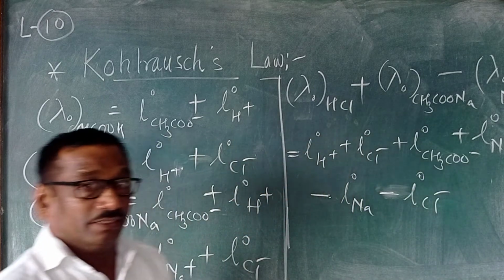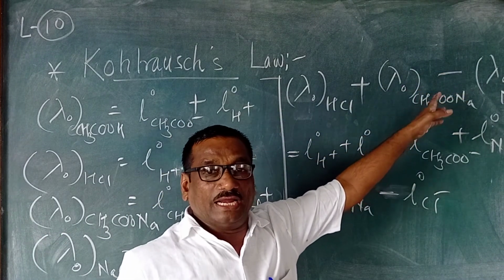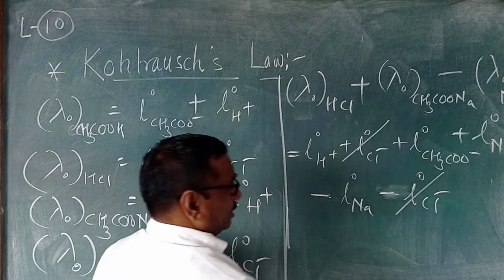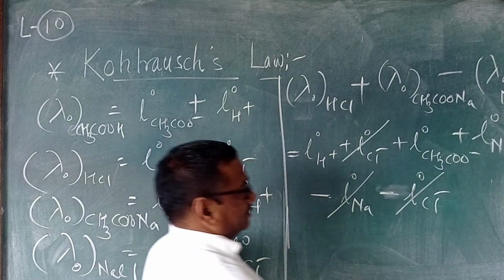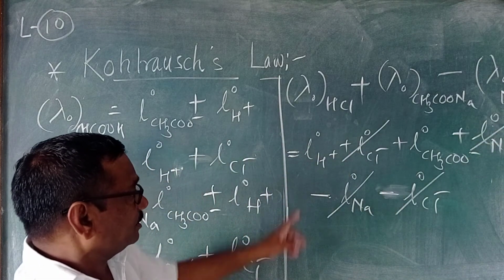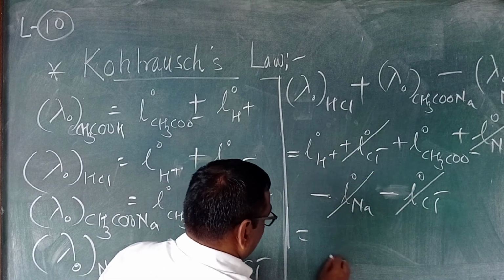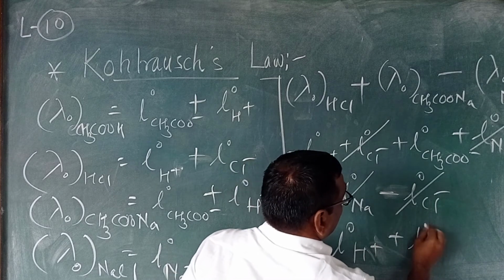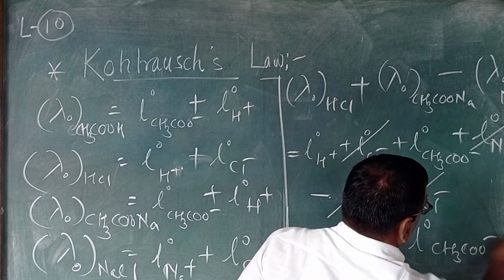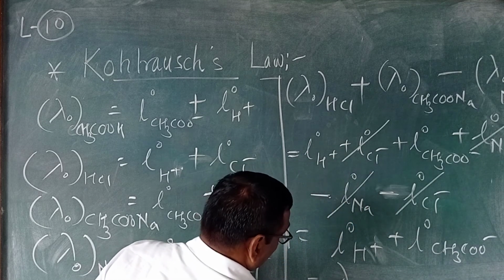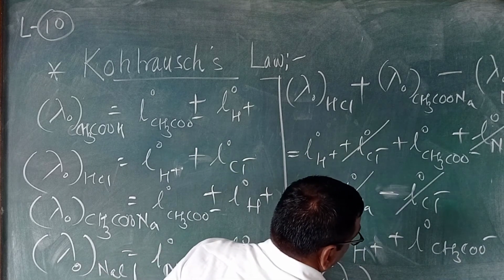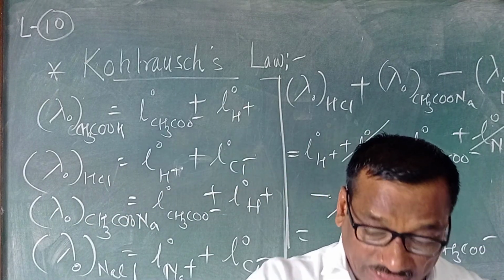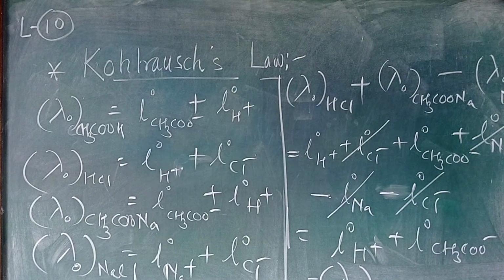The L0 Cl minus gets cancelled, and L0 Na plus gets cancelled. Only the ionic conductances L0 H plus and L0 CH3COO minus remain, which is nothing but lambda 0 for CH3COOH, the equivalent conductance at infinite dilution for the weak electrolyte acetic acid.